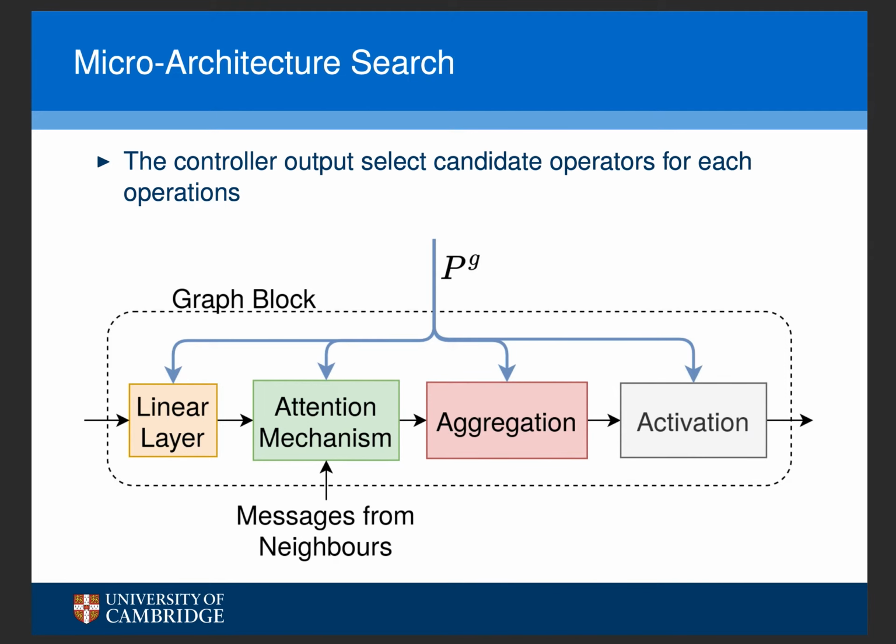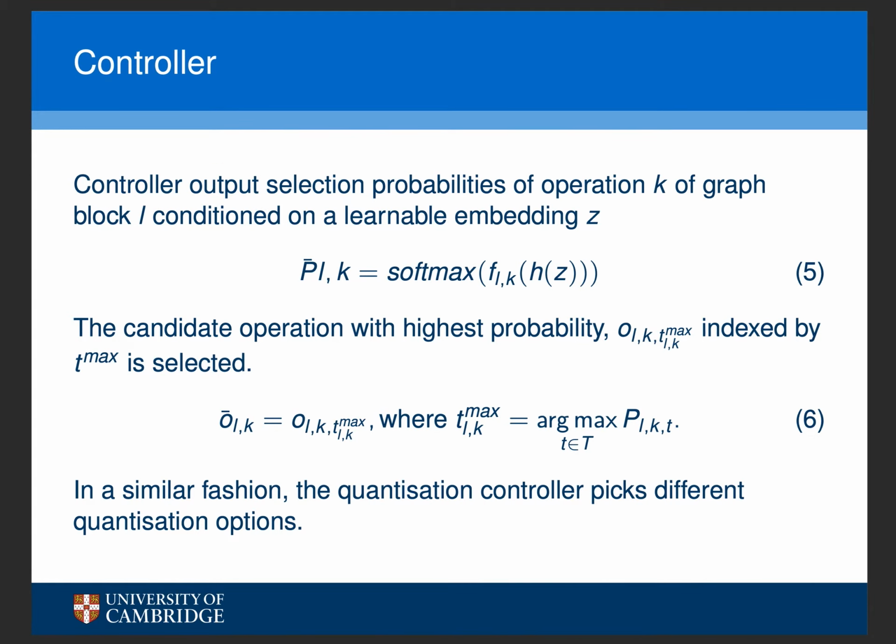So this is just to give you a graphical illustration of how this PA is passed to different sub-blocks that I've just mentioned. And how does the controller actually produce this information, and what is a controller? In our case, the controller is a learnable embedding connected with a bunch of fully connected layers. The output of this controller, we view as a probability. So we take the softmax of the output to make it a concrete probability lying in the 0 to 1 region.